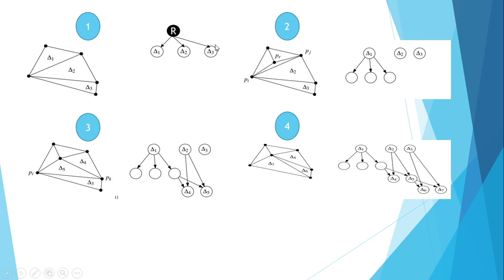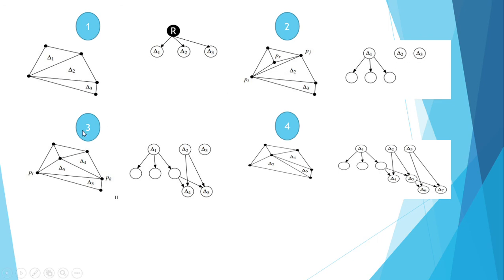After adding a point in delta 1, we divide the triangle into three triangles. That is, delta 1 has three triangles. Now delta 2 and delta 3 remain the same.